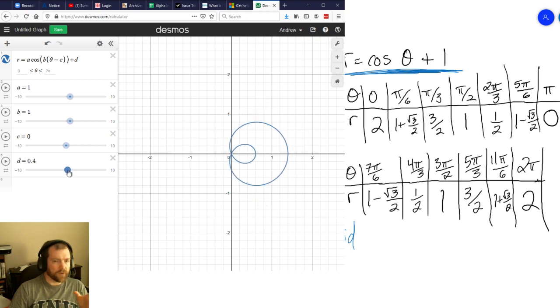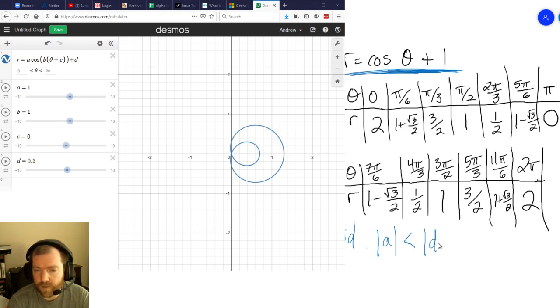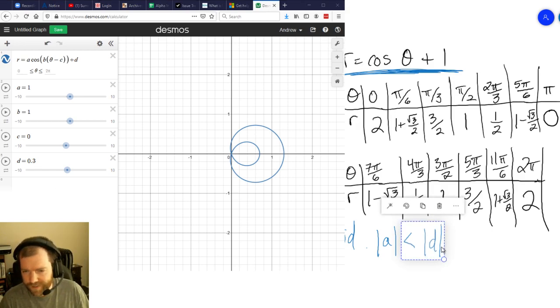But all of these values beforehand are also something else. So for this cardioid is where the absolute value of a is less than the absolute value of d. So what happens here is if our a, nope, wrong way.